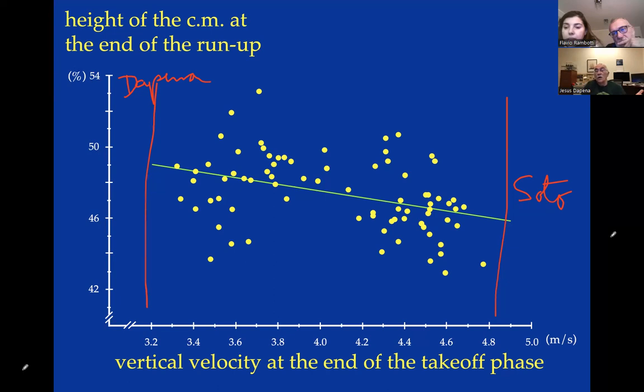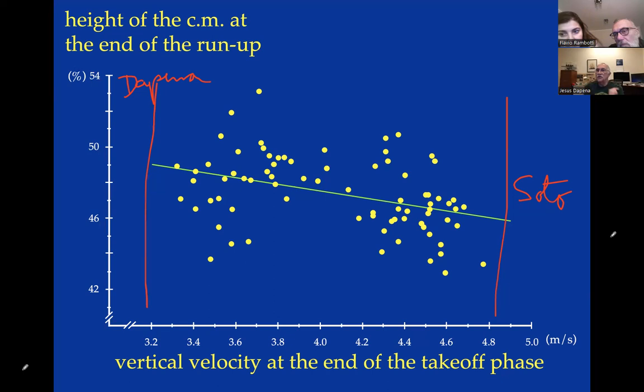So what percentage of high jumpers will do this kamikaze approach? I don't know, 1%, 2%, I don't know the number, but it's going to be very few. Okay, so some athletes will end up at the correct optimum. Very few will be lower than the correct optimum.